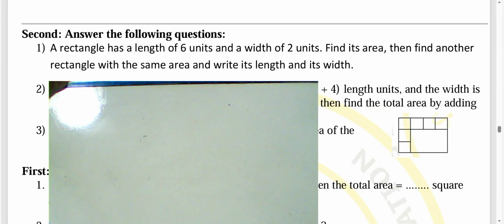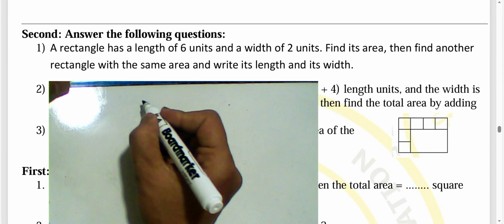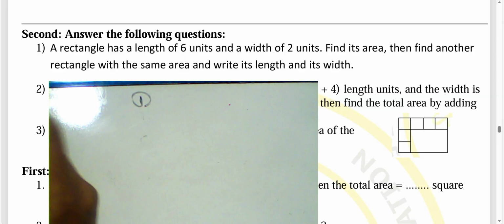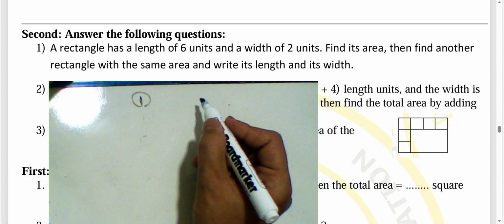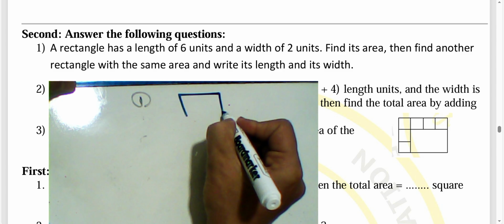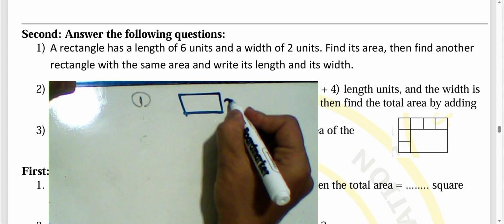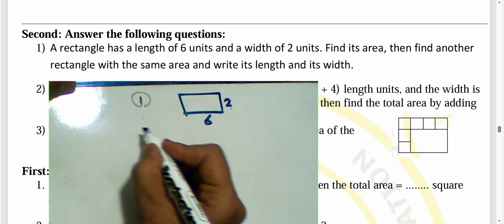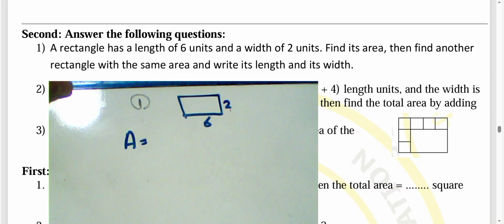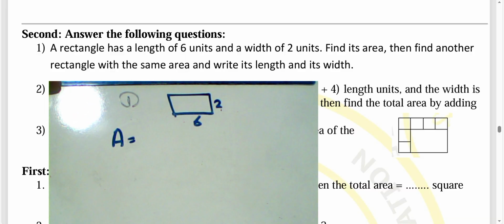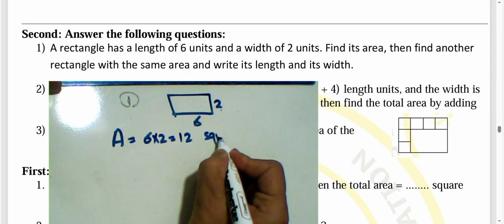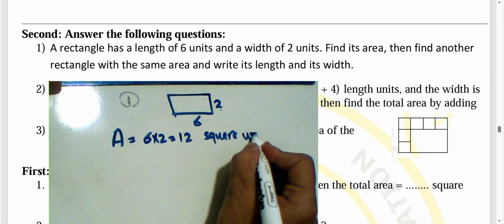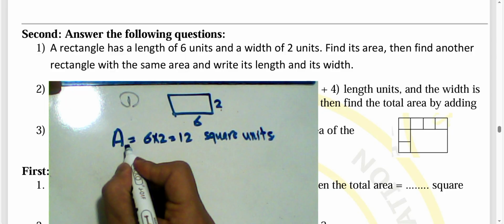Next question, number 1. Here, look. A rectangle has a length of 6 units and a width of 2 units. Find the area. We have 2 dimensions, 2 units and 6 units. We want to find the area. The area equals length times width. Length 6 times 2 is 12 square units. That is area 1.